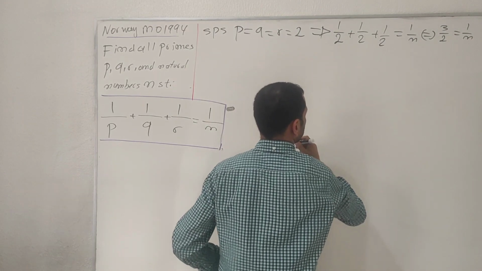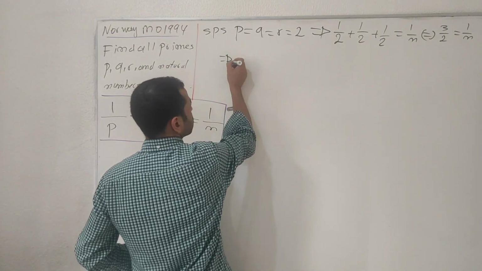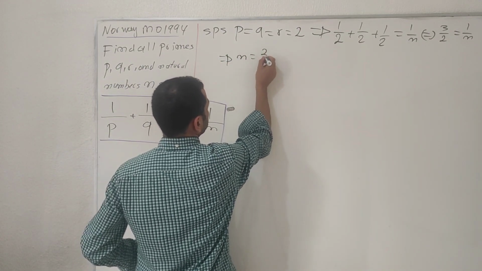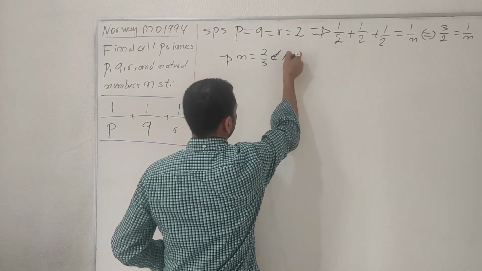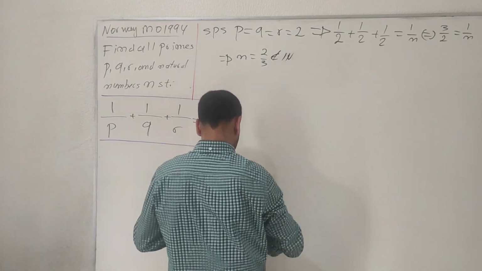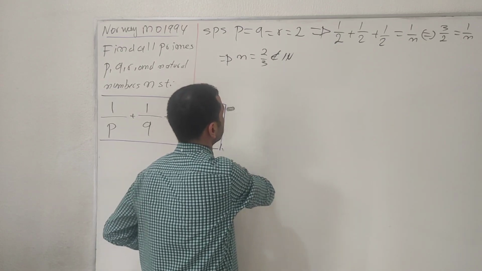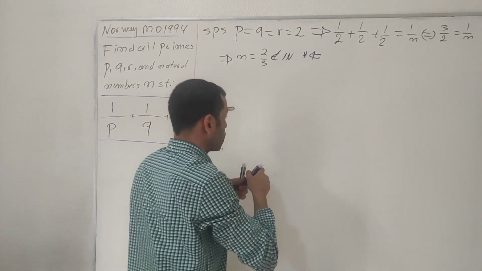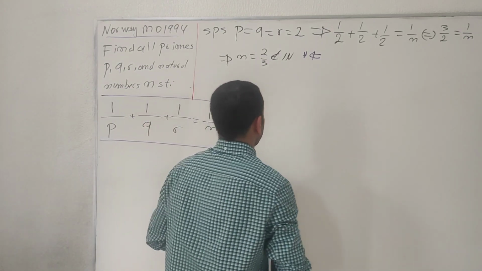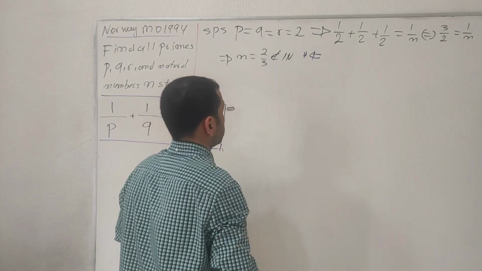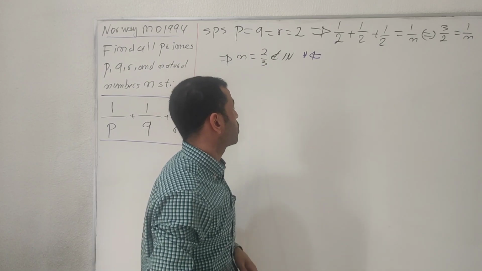I'm going to take the reciprocal of that, giving us n equals 2 over 3. 2 over 3 is not a natural number, which clearly is a contradiction. It's impossible. I'm putting this sign, that means it's a contradiction. So let's go through the other case. All of them are even, it's impossible.